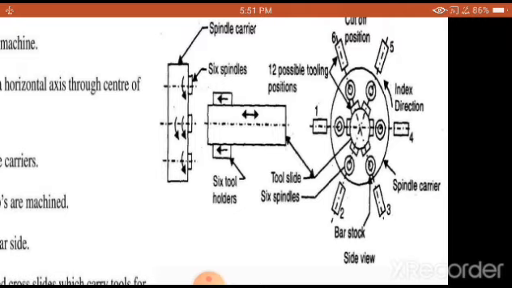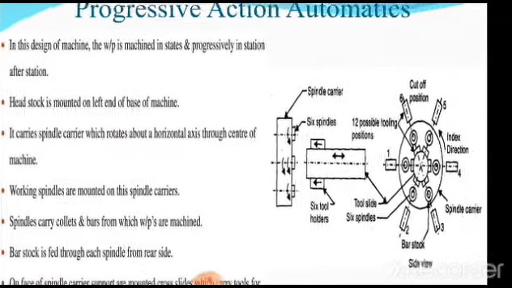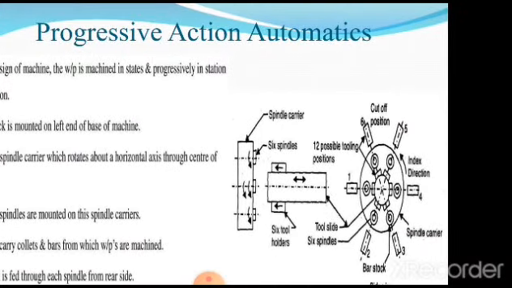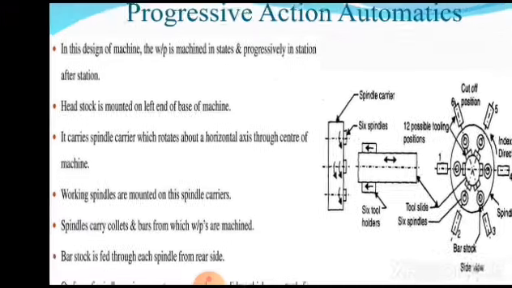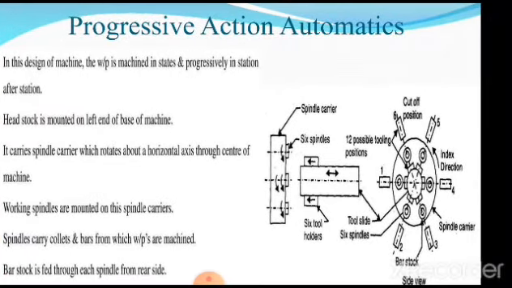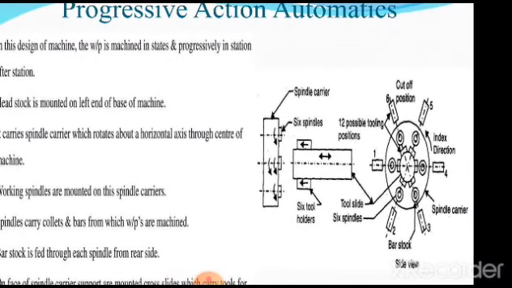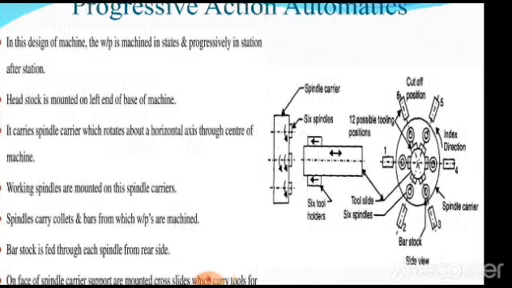Here let us understand in detail. In this design of machine, the workpiece is machined in stages, progressively, station after station. That means one after the other the operation takes place. The headstock is mounted on the left end of the machine base.